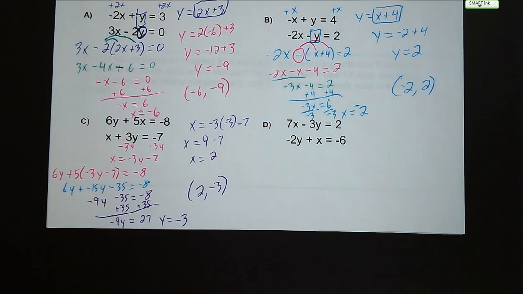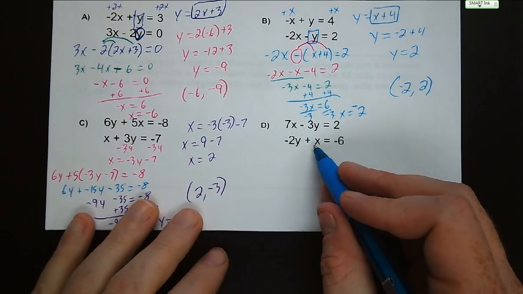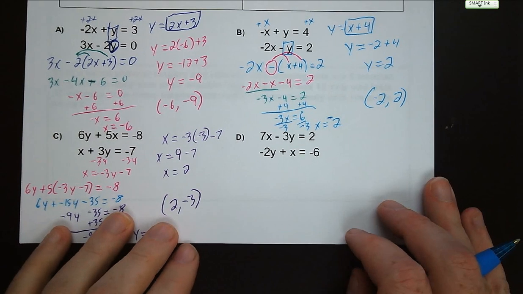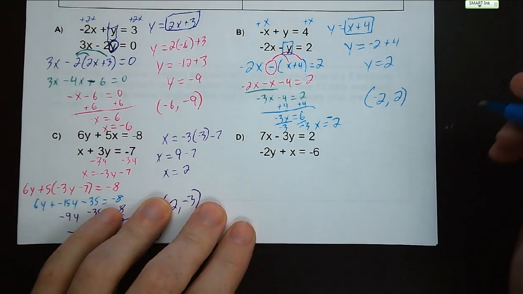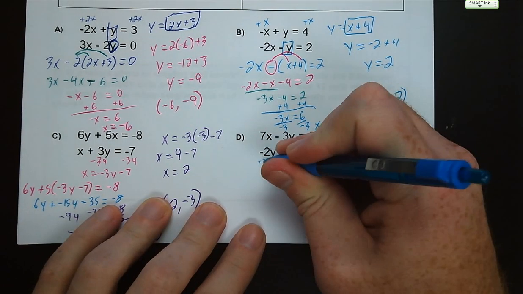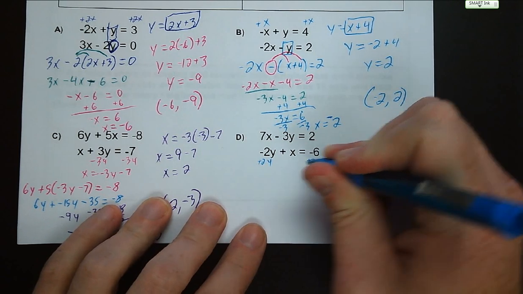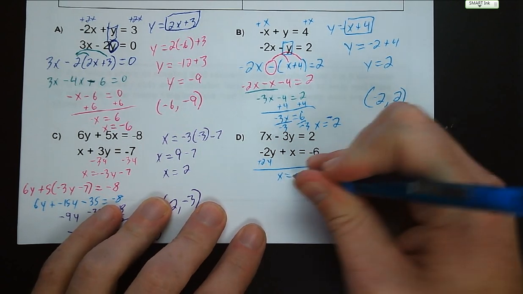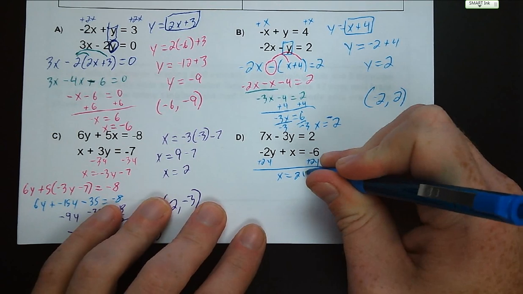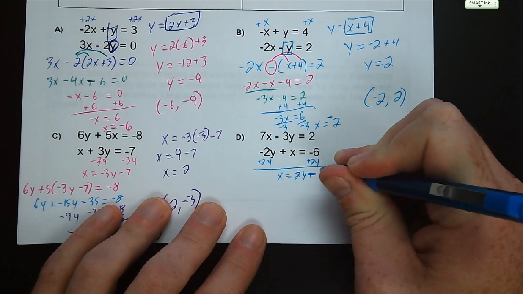Next up, letter D. Looks like we can solve our second equation for x pretty easily by adding 2y to both sides. So we have x is equal to 2y minus 6.